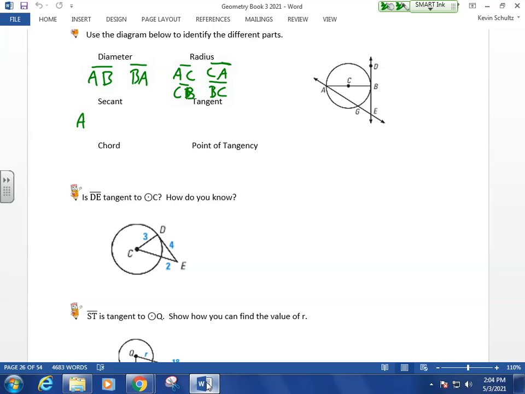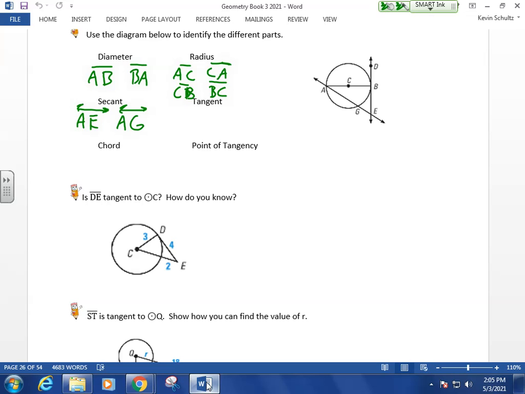AE works, because A does go through the circle and does pass through point E. You could also have AG, because AG is the same line as AE, so either one would be correct. You could have GA, you could have EA. Those reversed, not a problem there.